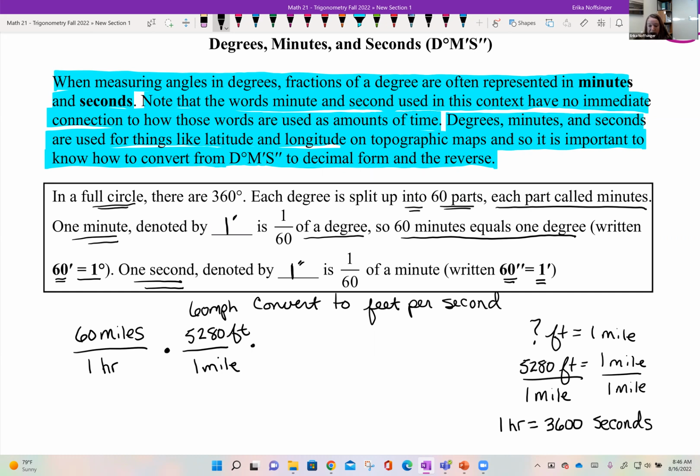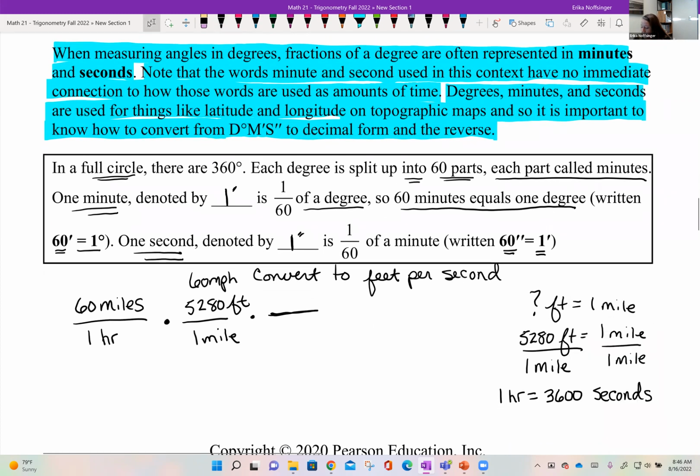I want my hours to cancel out in this denominator over here, so I want hours in my numerator so that it can cancel with the hours in the denominator here. So if I divide both sides of this by 1 hour, I get my fancy 1. So 1 hour and 3,600 seconds.